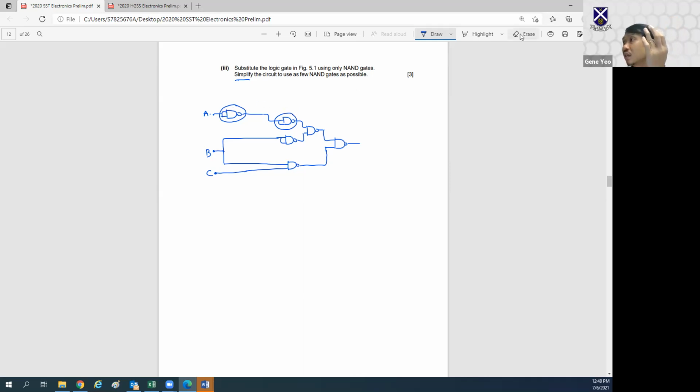I'm going to use my eraser and cancel this. So this one, in fact, just comes into A. And this then is my final simplified circuit.